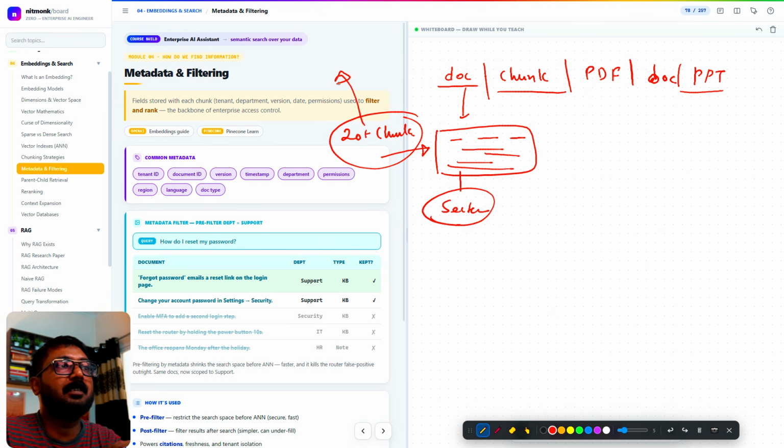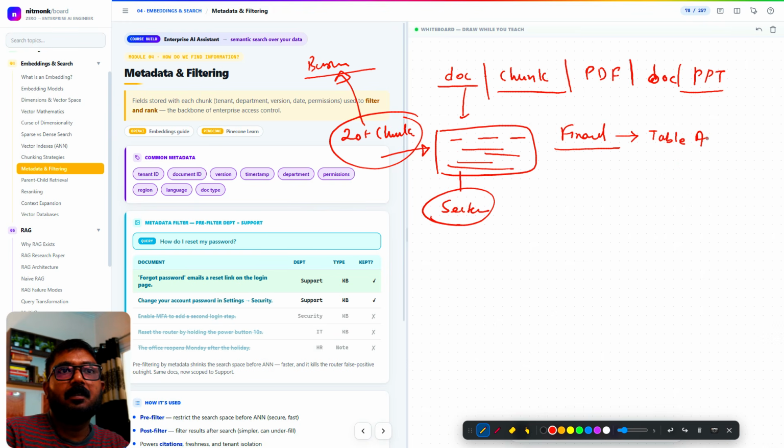And these 20 plus chunking methods should be decided on the basis of the business logic. Let's say you are talking in terms of financial documents. If you talk about financial documents, there should be table aware chunking. In financial documents, you cannot cut the table in half. Then it won't make sense. You have to take the complete table as a chunk and index it.